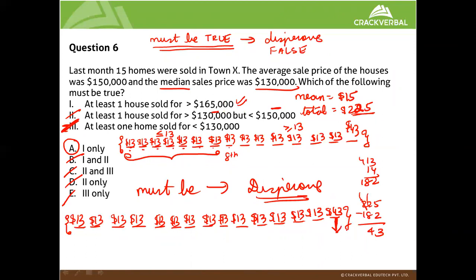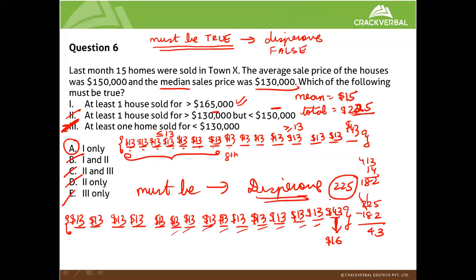So let me try to drop this value to lesser than 165. Let me try to make it 16. Now think about this, Vimal. If I drop 43 to 16, what happens? I'm actually reducing the price by 27, right? Now, if the total has to be a constant 225, that reduction of 27 that I make by reducing 43 to 16 has to be compensated by increasing the prices of the houses by 27.